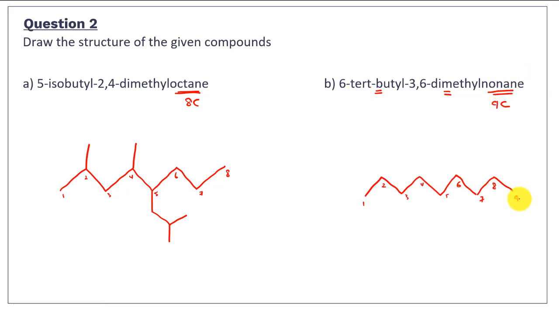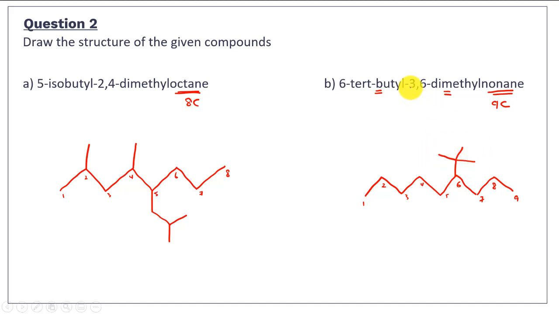So we start off with the nonane, 9 carbons all together. And at carbon number 6, that is a tert-butyl. Butyl, you have 4 carbons, and it is a tertiary carbon which attaches to the parent. So this is your parent, carbon number 6. You have a tertiary carbon with 4 carbons altogether. 1, 2, 3, 4, 4 carbons altogether. So this is your tert-butyl.